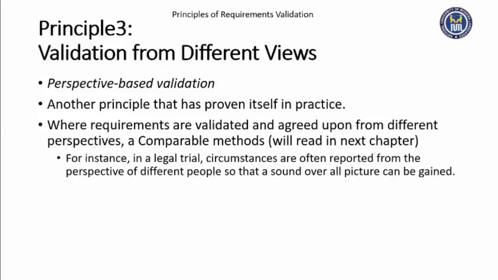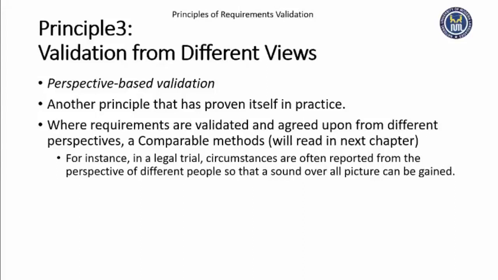So if you go to court, you can present the comparable methods, which is actually the perspective of different people, to understand the quality. If there are any problems in the quality, deployment of functions or the deadline of the project, you can argue there and you can win the case.